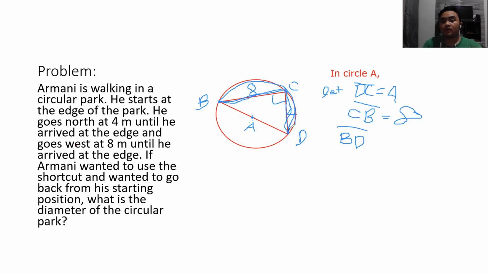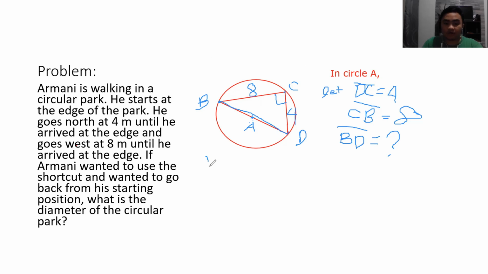So the measurement of that is 90 degrees. With that, this is automatically a right triangle, so we could easily find line segment BD using the Pythagorean theorem.